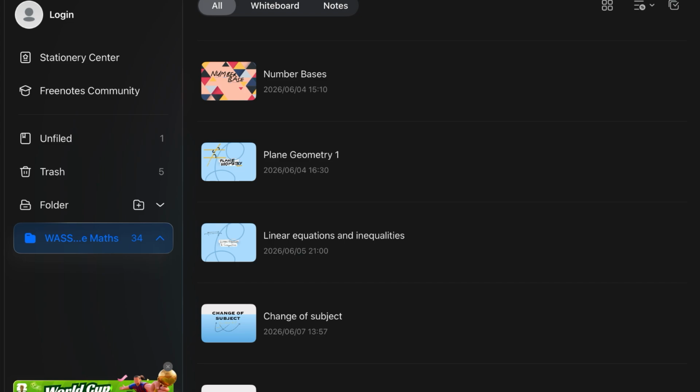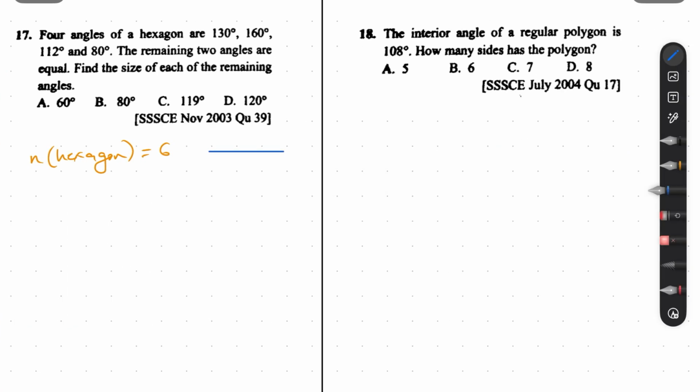We have one here, another one here, another one here, then another one here. So this is 1, 2, 3, 4, 5, 6 sides, a hexagon.